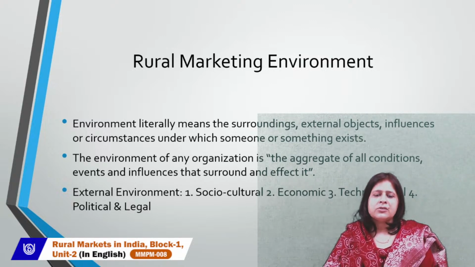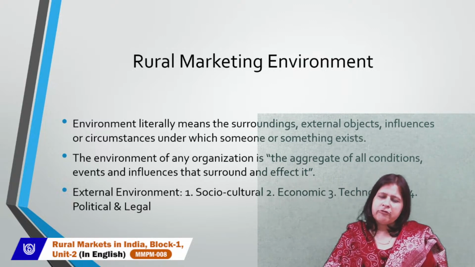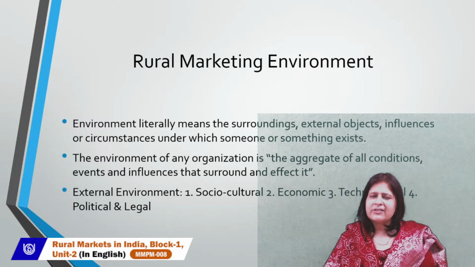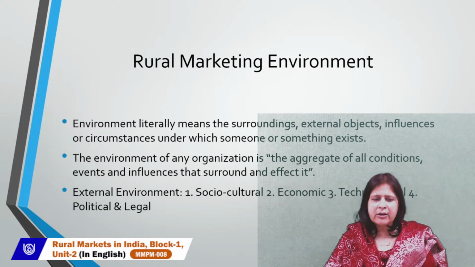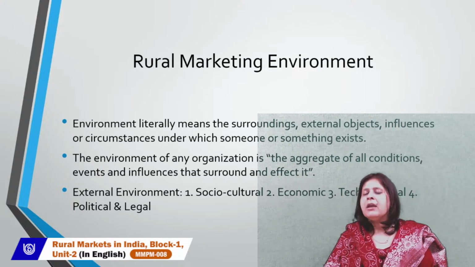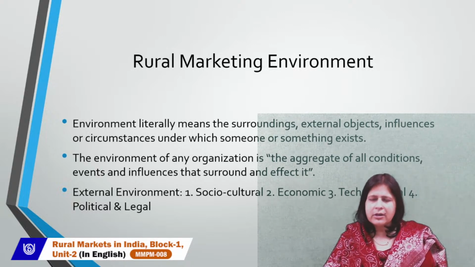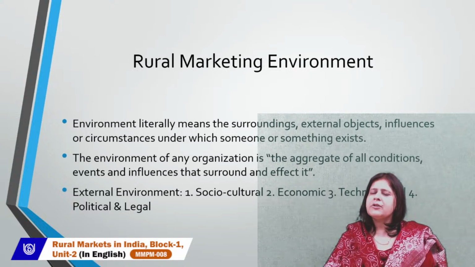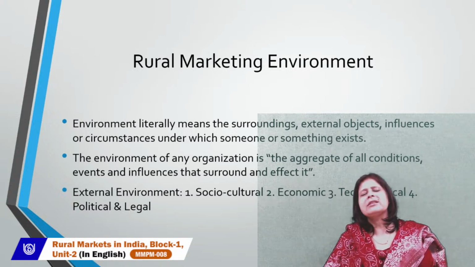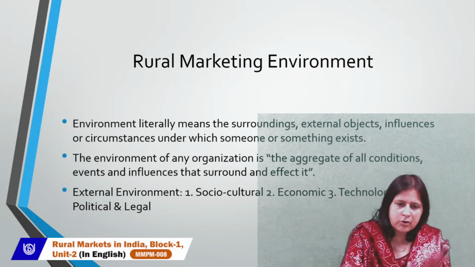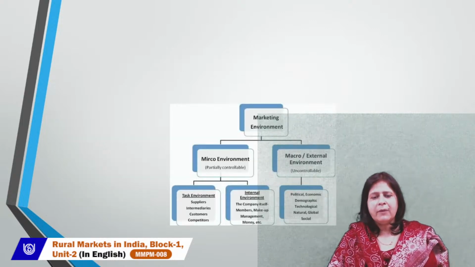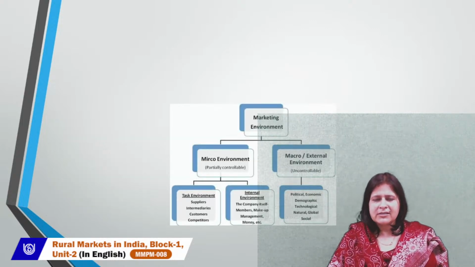There could be two types of environment, the internal environment and the external environment. What is the difference between them? The organizational internal environment is somewhat in control of the organization, while the external environment is not in the control of the organization. We can also say micro environment or macro environment.